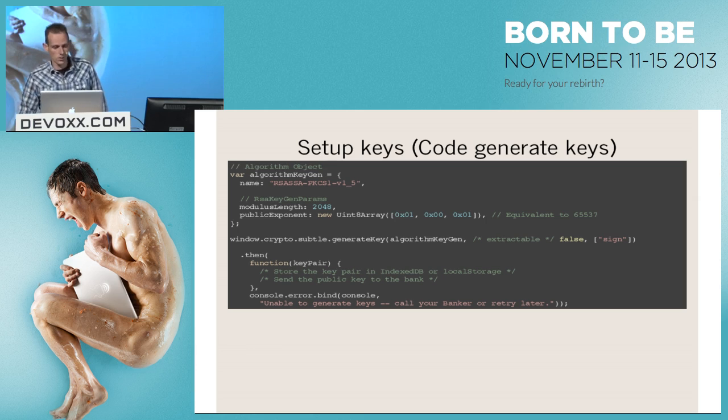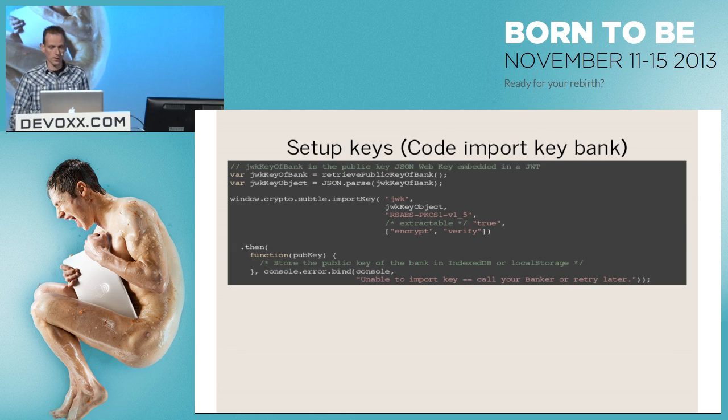So now we have the key pair to identify ourselves. You can also provide, of course, an error callback in case something goes wrong. In this case, it just logs it to the console. In a real life application, of course, you would do something sensible with it.